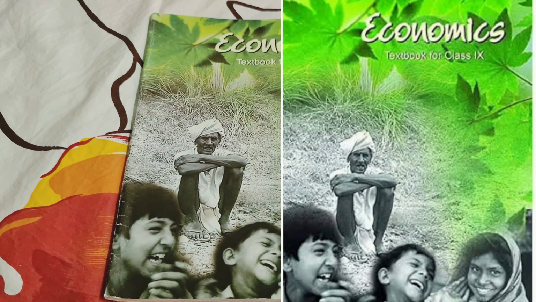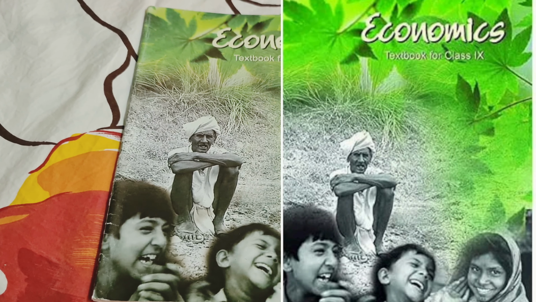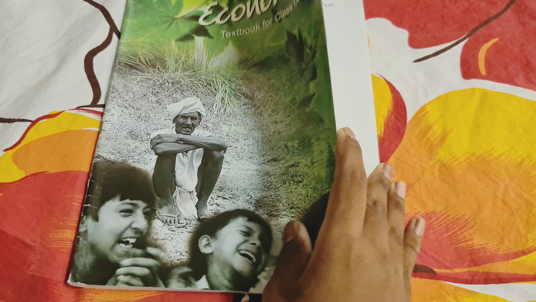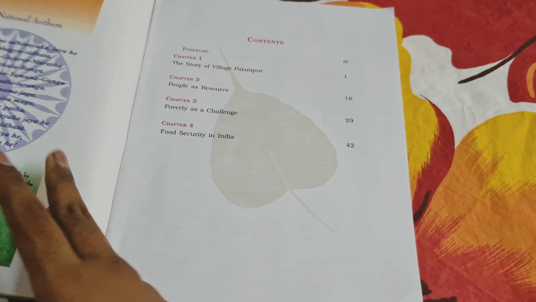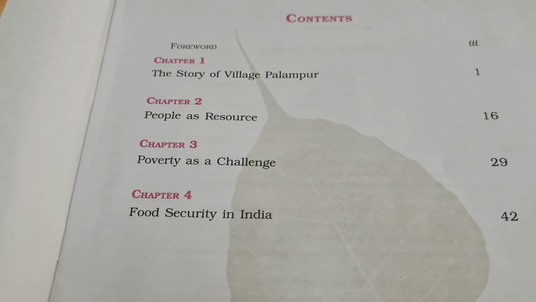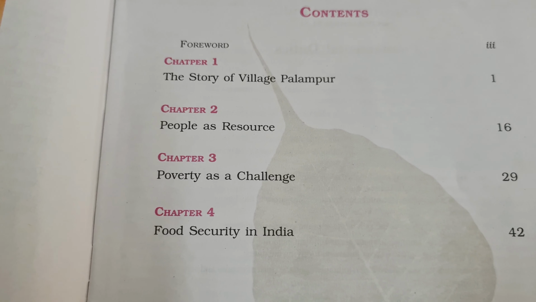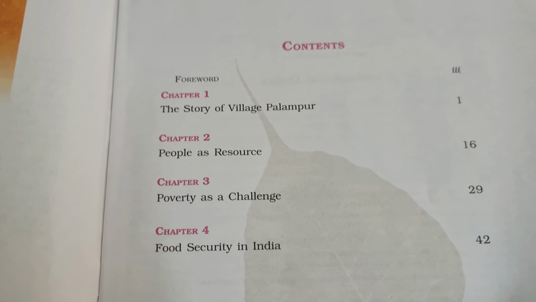Now we have economics, the newly added subject for social this year. Last year we didn't have economics, but this year we do have it. Now let's see the index. We have just 4 extra chapters this year, which are the story of village Palampur, people as resource, poverty as a challenge, food security in India.